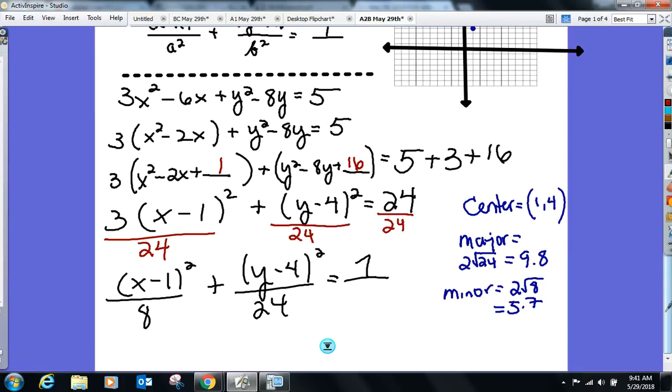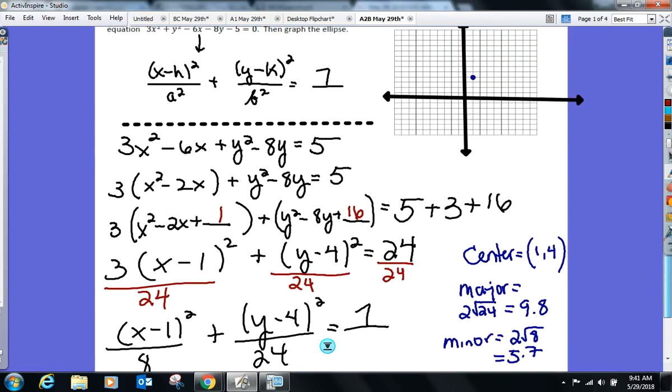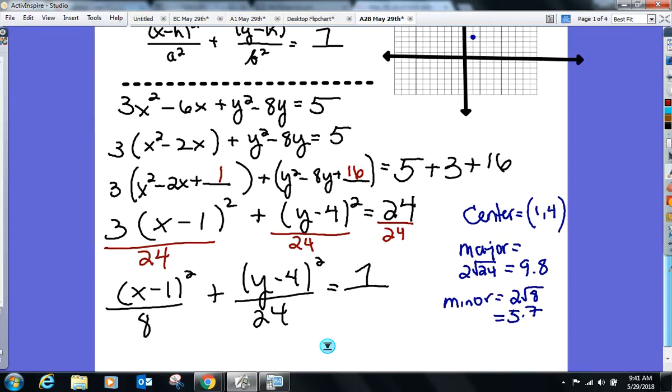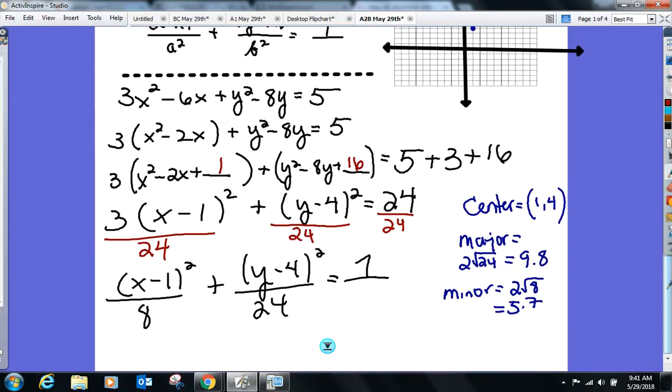You guys want to do the vertices on the x or the y first? X, okay. On the x-axis, is that the minor or the major? Minor, okay.